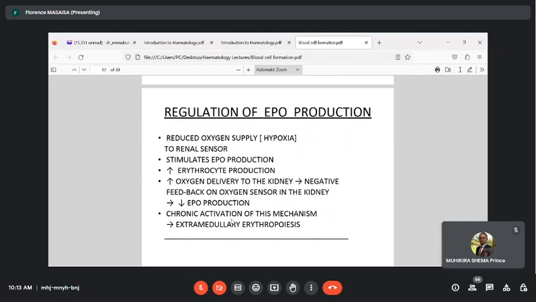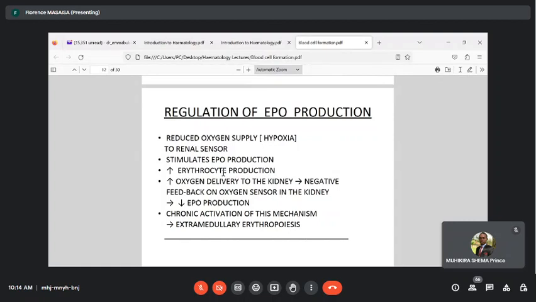So in summary, the activation of this system is seen in conditions which may cause chronic hypoxia. Chronic hypoxia can be seen in chronic cyanotic heart diseases or chronic respiratory diseases. People with severe cyanotic heart disease may have increased erythropoietin because they are hypoxic for a long time.